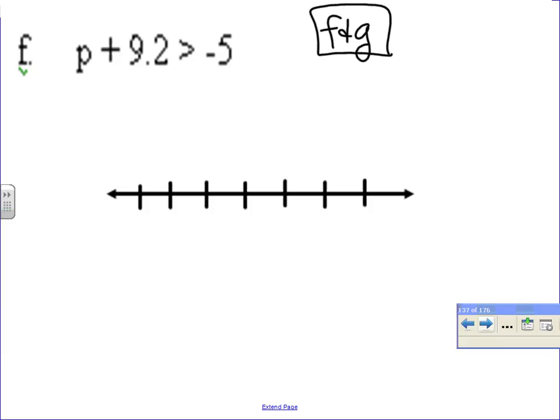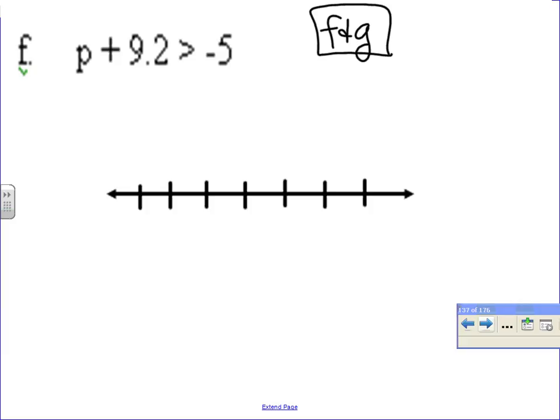Is that negative 4? What's negative 5 minus 9.2? Subtracted wrong. Okay, fix that, please. That should be a negative. Be careful. Watch your negatives, guys. Should be a negative, which means these all need changed.